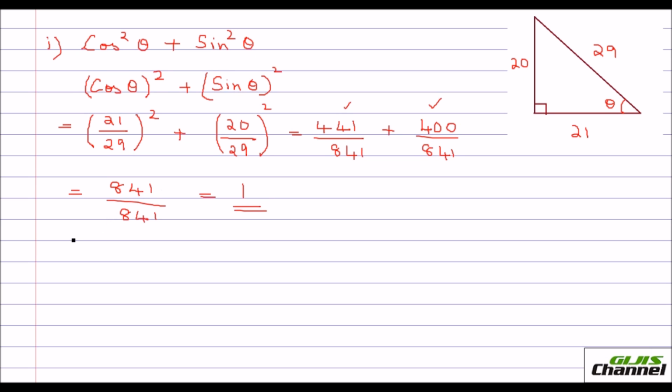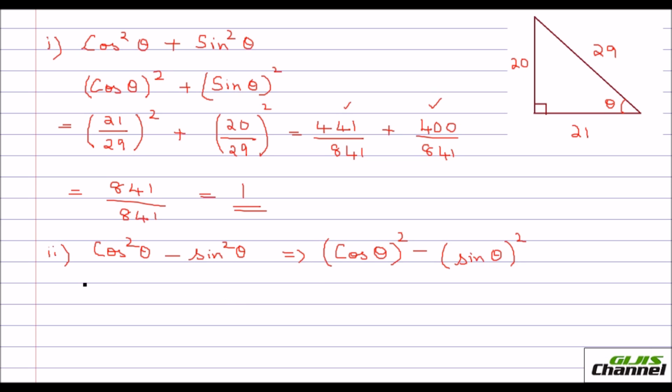Now you have to do the second part of the question. Here it is cos square theta minus sine square theta. This time it is minus sine square theta. So I told you already, I am going to convert this as cos theta the whole square minus sine theta the whole square.